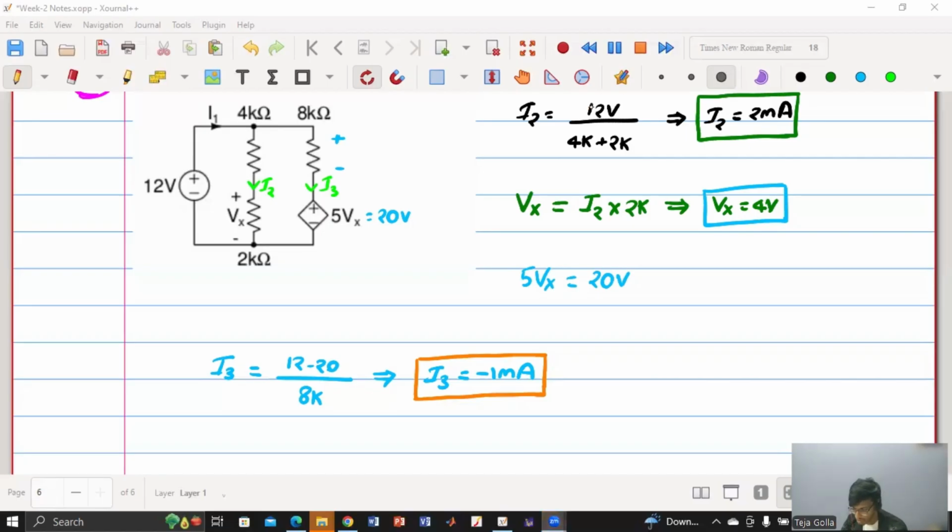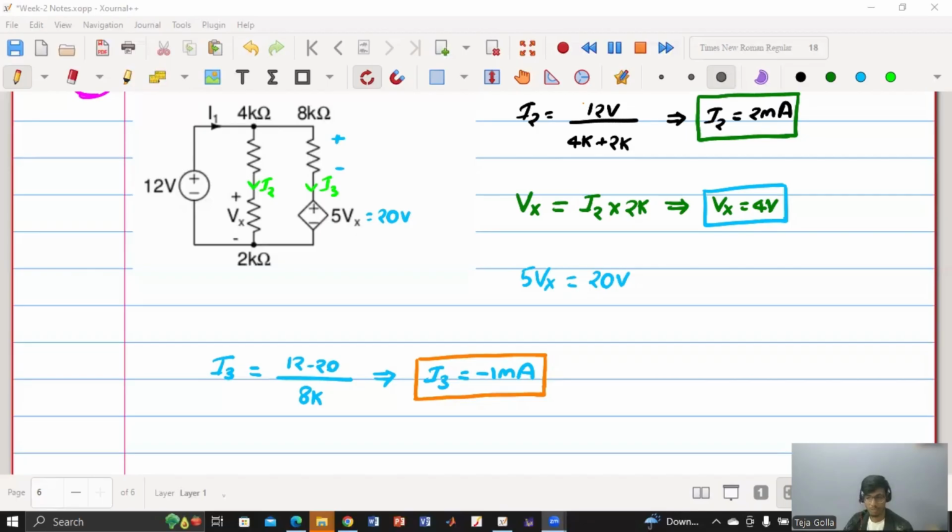Sir, always in the circuit, the source with the highest potential delivers current. Yes, it is like that, but it does not always mean that it delivers current because whatever circuits we are considering, it's a hypothetical circuit, right? So we are considering some hypothetical connections, and in this hypothetical situation, anything can happen. So a voltage source with higher value may or may not deliver the power.